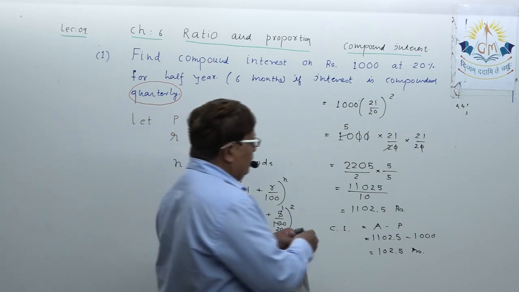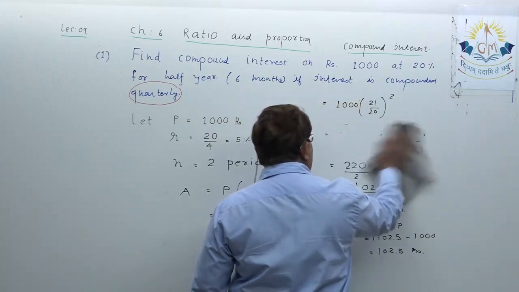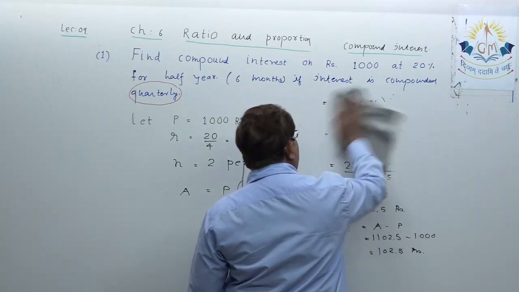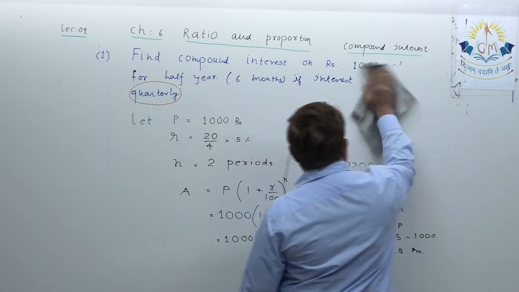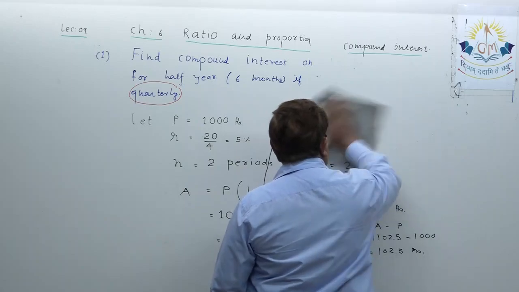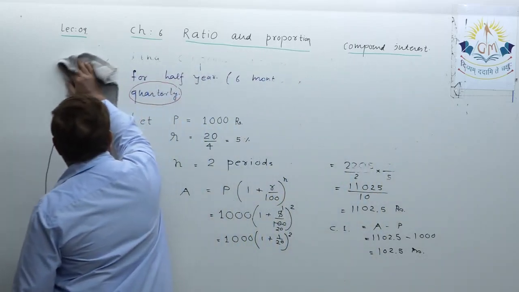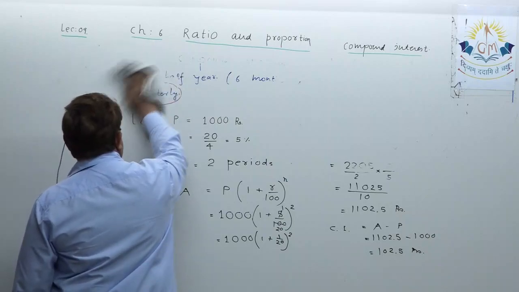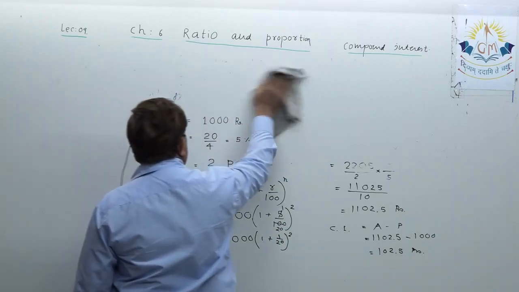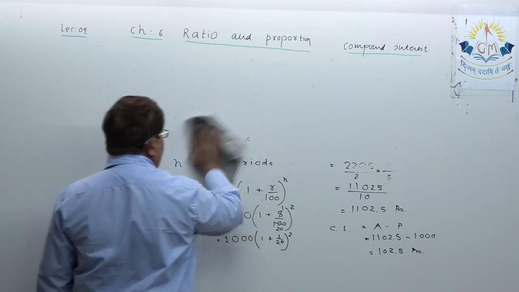Okay, let us go for one more example of the same type, where also you are going to count the interest quarterly. Okay, and then one I will give you just now during the lecture as an SLP.